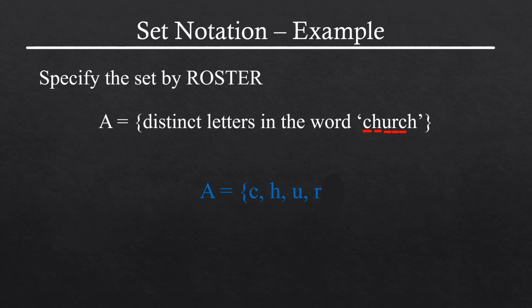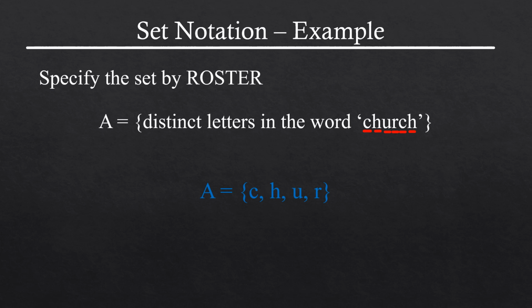Then I get to C. Well, I can't tell that C apart from the first C. So it is not distinct, so I do not put it again. Then H, we already have an H, so it is not distinct. These are all of the distinct letters: C, H, U, and R.